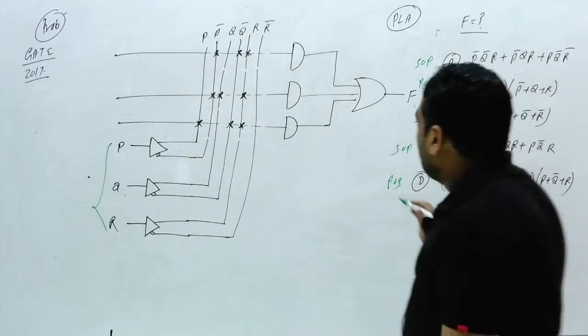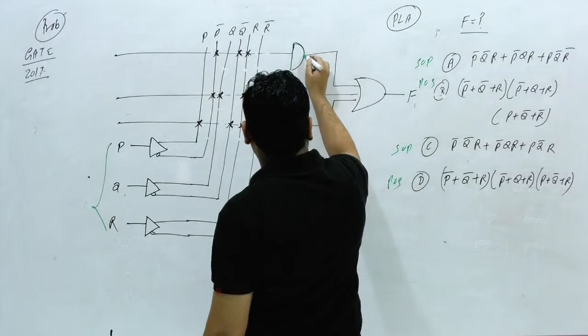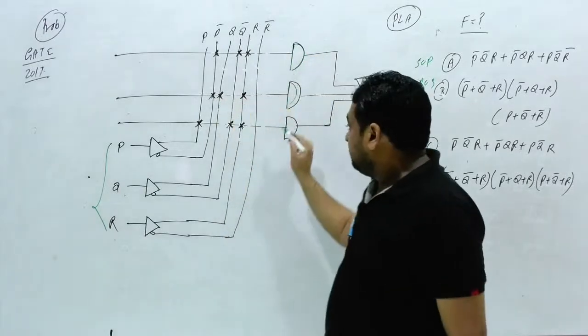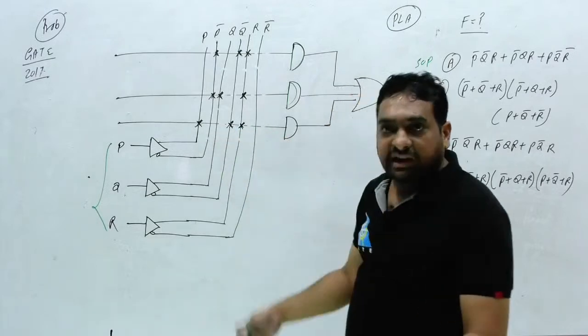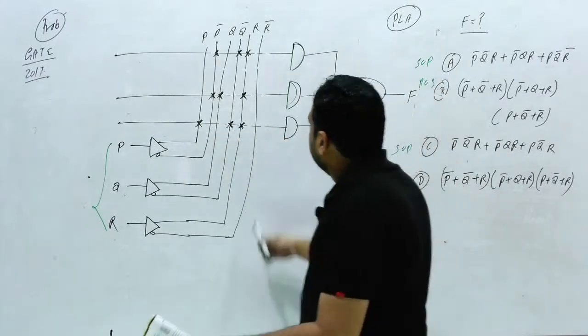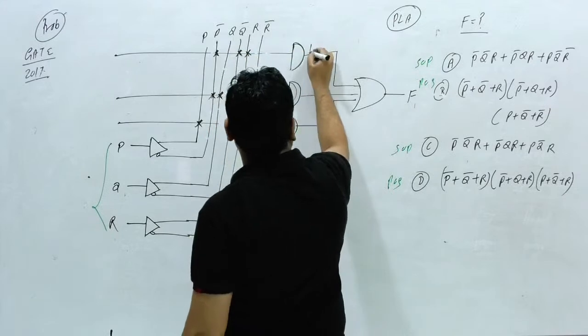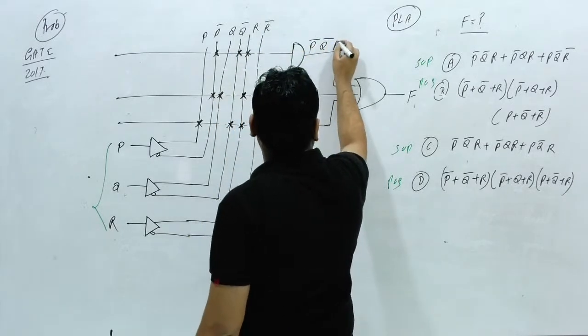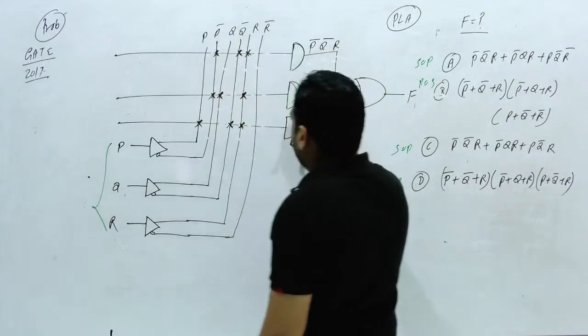Okay. Now what will the output be? This part is saying this will be AND, and this part is saying this will be AND. So directly you can write the answer. What can be the answer? This is connected with P bar, this is connected with Q bar, and this is connected with R. P bar Q bar R. What will be the second function?